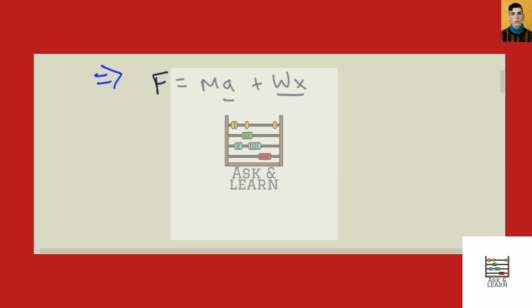Well, for the acceleration, we know that that's just velocity divided by time, and we're given both pieces of information. Velocity is 25, and the time is 30 seconds. So the acceleration of the car is 0.83 meters per second squared.